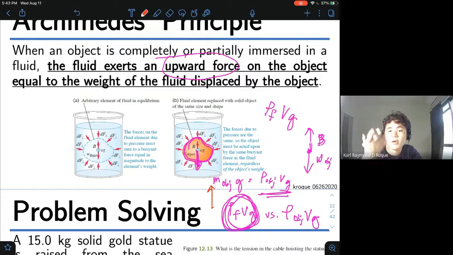So net force goes up, kaya nagpa-float yung bola. Pag mas dense yung object kaysa sa liquid, sa fluid, bababa, kasi yung dominant net force is this one. Yun ang sinasabi ng Archimedes principle. That's why when you submerge a metal ball, it will sink to the ground.